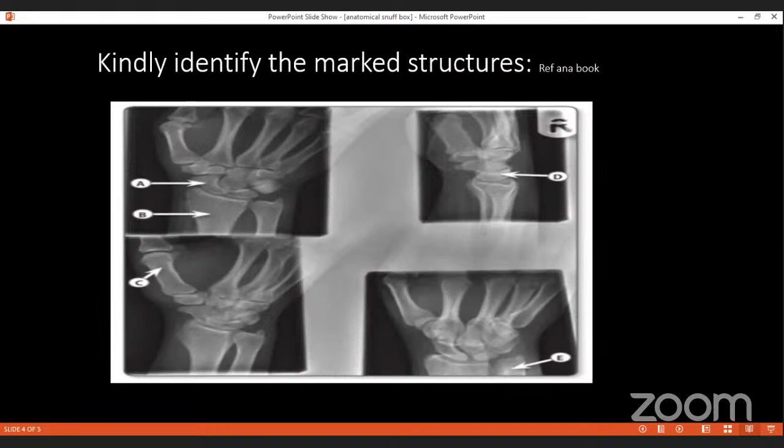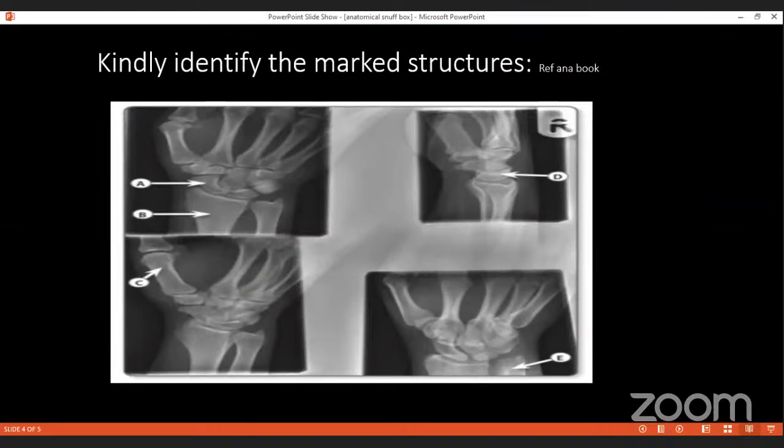Can you please describe the blood supply of the scaphoid bone? The blood supply of the scaphoid bone is from the radial artery, and it originates from the distal part of the bone, running towards the proximal part. What may be the clinical consequences of missing a scaphoid fracture on the radiograph?